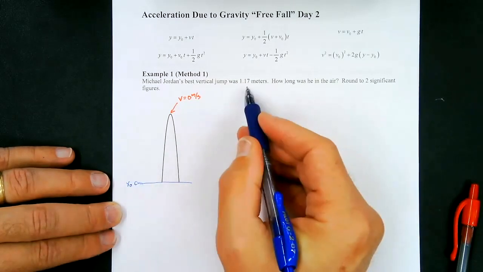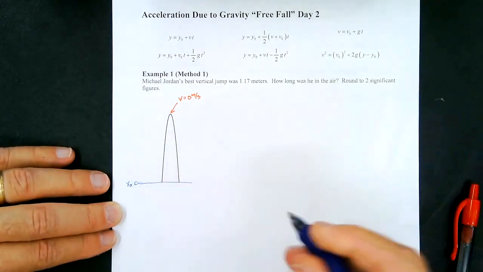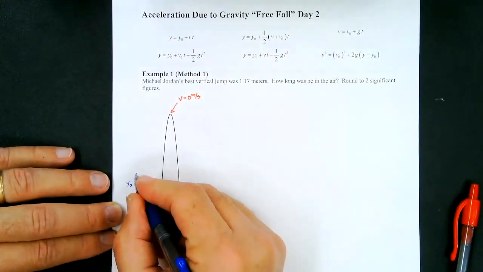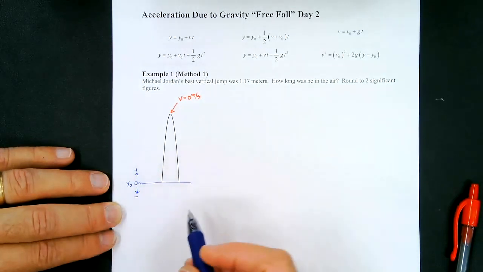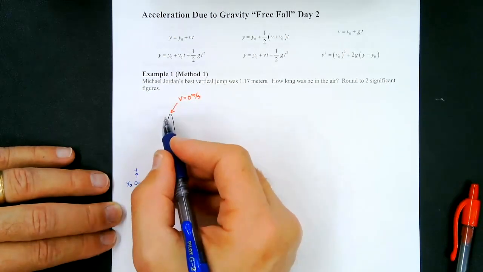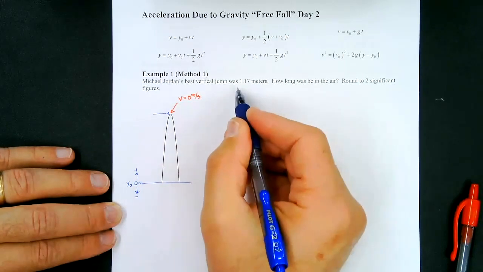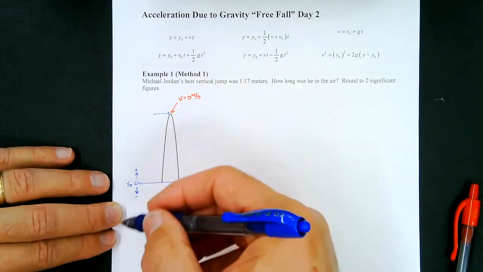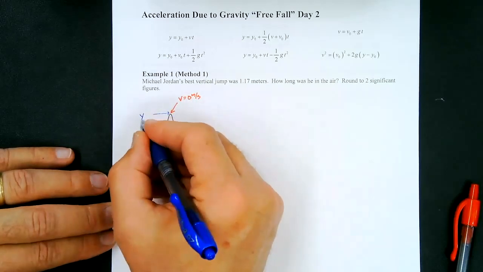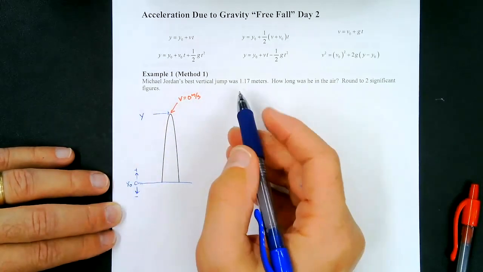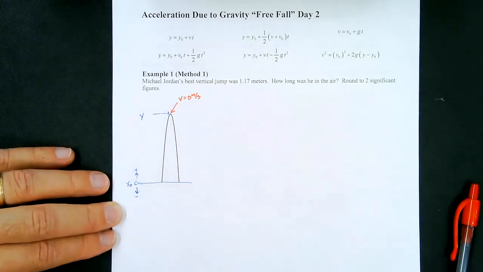So we're measuring this 1.17 meters from the floor, which means going up is positive and going down is negative. The highest position is my final position, so I'm going to label that y, and y is going to be 1.17 meters.